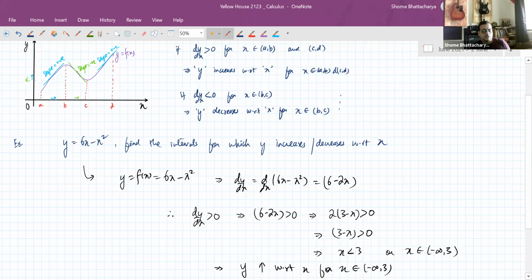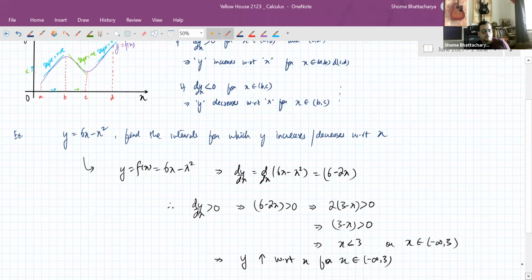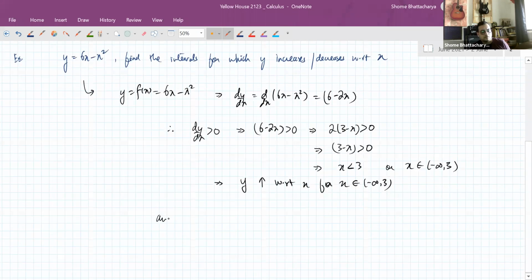Okay. Now similarly, if we are solving for dy by dx, or the derivative, to be negative, same thing: 6 minus 2x is less than 0. So 3 minus x should be less than 0 this time.